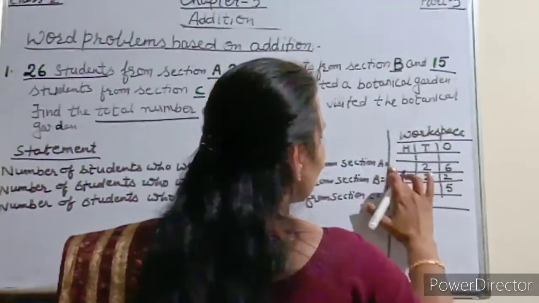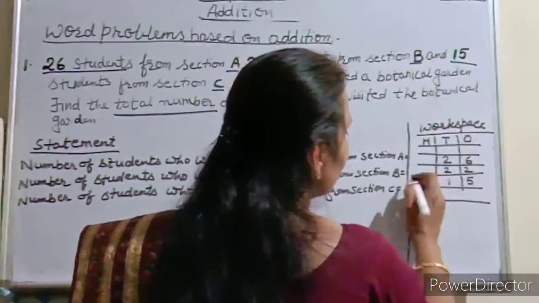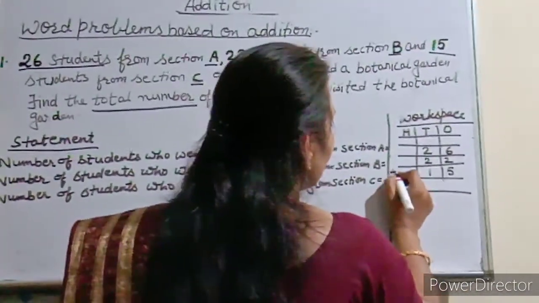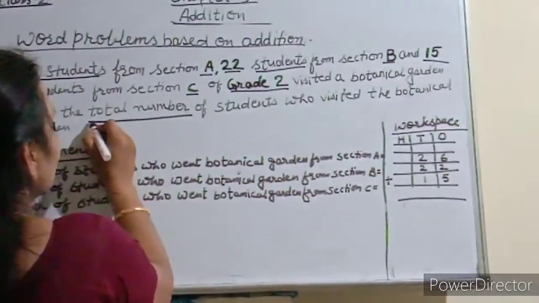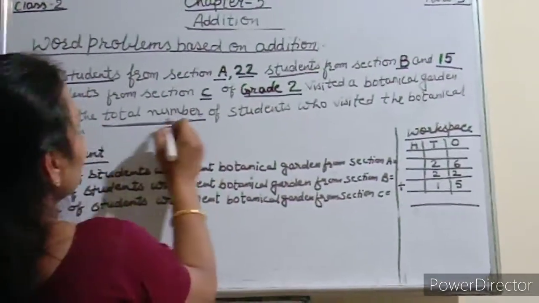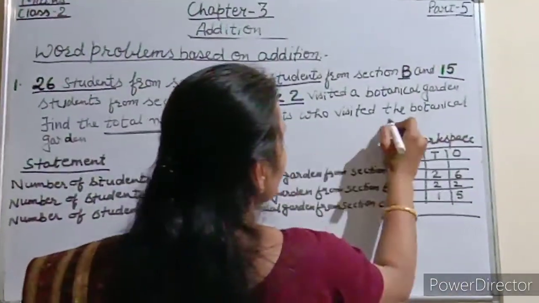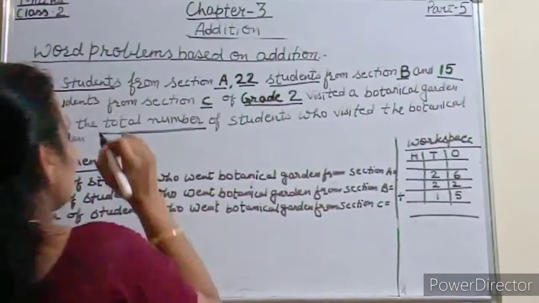And what we have to do, students? Here plus, because see, total number, find the total number of students who visited the botanical garden.